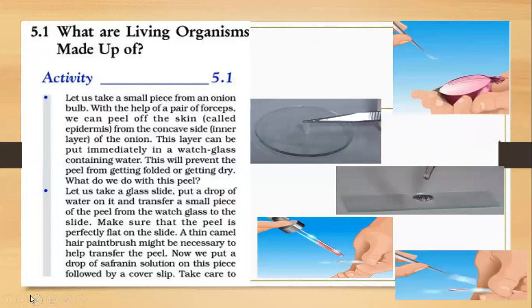Take a glass slide, put a drop of water on it. Transfer a small piece of the peel from the watch glass to the slide. You have to make sure that the peel is perfectly flat on the slide. Now put a drop of saffron solution on this piece. Place the cover slip on the peel in such a way that no air bubbles enter it.